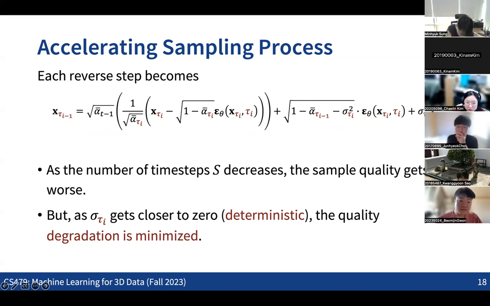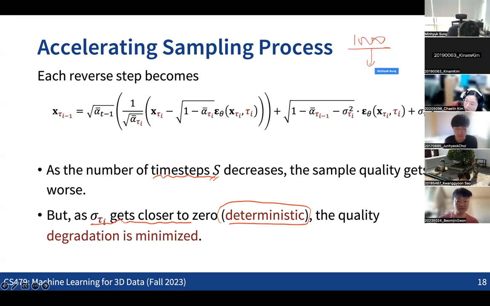As we decrease the number of time steps in the subsequence, obviously the sampling quality gets worse. What people observed empirically is that as we make the reverse process more deterministic, the quality degradation from reducing the number of time steps is also minimized. This means that when you decrease the number of time steps from 1,000 to, for example, 50, and make the reversibility process deterministic, there is not much randomness added over the process.